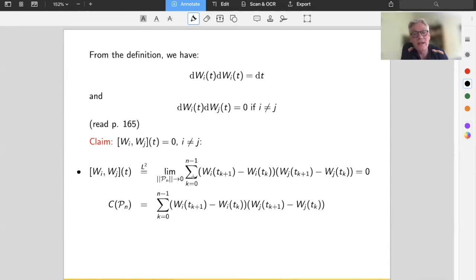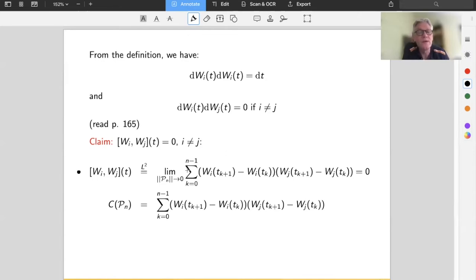We write it down as a sum, with k running from 0 to n minus 1, of Wi(t_{k+1}) minus Wi(t_k) times Wj(t_{k+1}) minus Wj(t_k). That is the cross variation over the time partition.